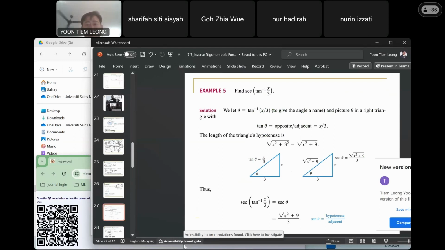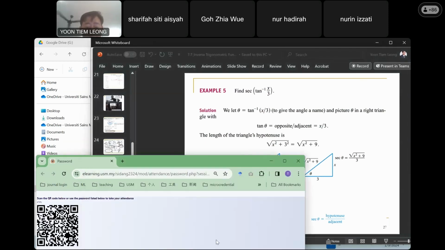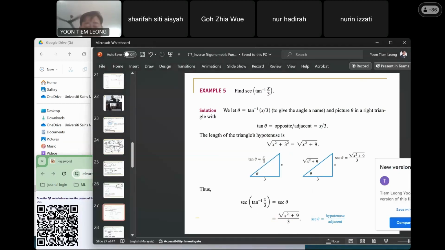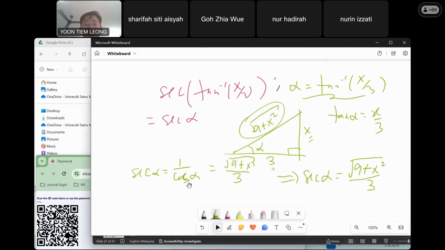Yeah, so that finishes the illustration of example 5. To do these questions, what you have to do is basically to understand that you should translate the inverse tangent function into the form of a right triangle.